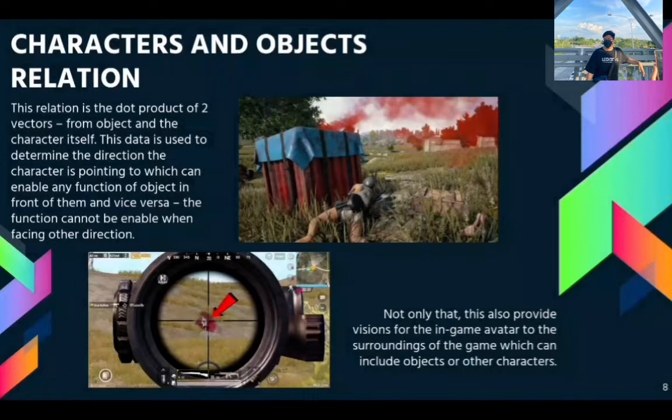Hence, if you are not facing the airdrop, you cannot open it and get the loot inside. Not only that, this also provides vision for the game avatar to the surroundings of the game, which can include objects or other characters. This is just like the 3D movement that can detect other characters so that we can decide on what to do and when to do it.